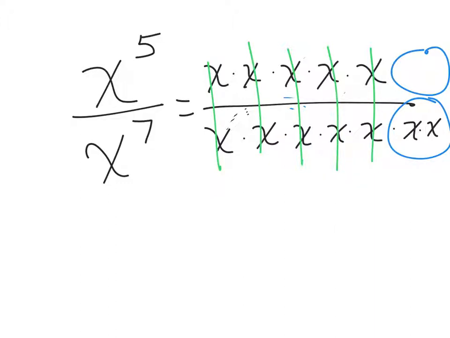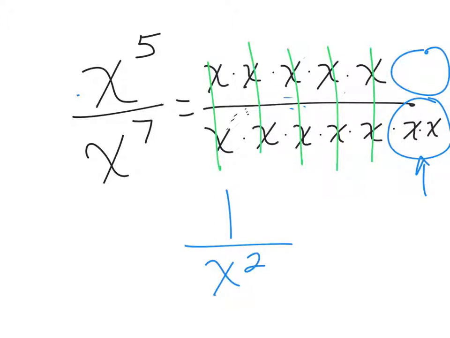So instead, it's just easier to look at that as 1 at the top, because there's nothing up there, we can represent that with 1. 0 would not work. It's just 1. Because 1 times anything is anything, and so x to the 5th is the same thing as 1 times x to the 5th. So there's always an assumed 1 everywhere. So we look at that as 1 over x squared, because that's represented with those 2 x's right there.